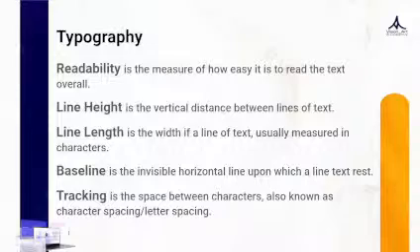So your ABC, the invisible line that you can't see, that is the baseline. And we also have tracking. Tracking is just the space between each character. Like for monospace, as we said earlier, it has more spacing, which means the tracking is bigger than the rest. It's also known as spacing, letter spacing, or character spacing.